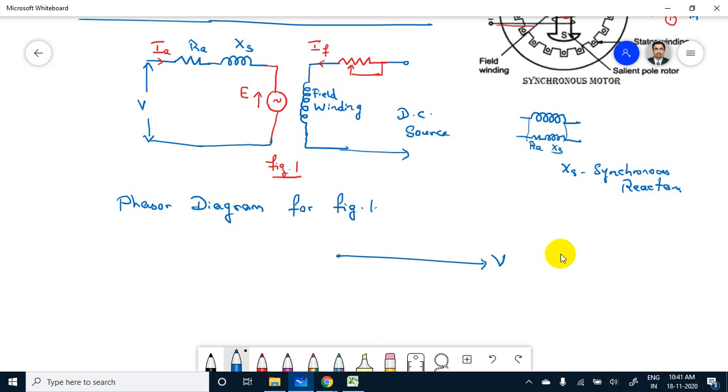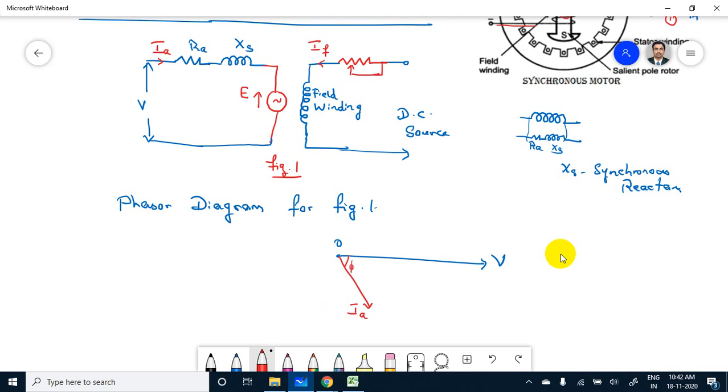Figure 1, V, this is 0. I have clearly mentioned the armature current will lag. This is IA. The angle between V and IA will be phi.